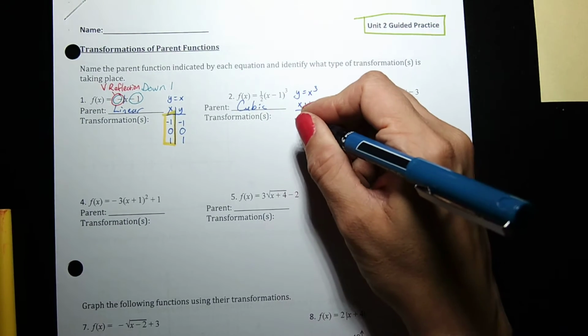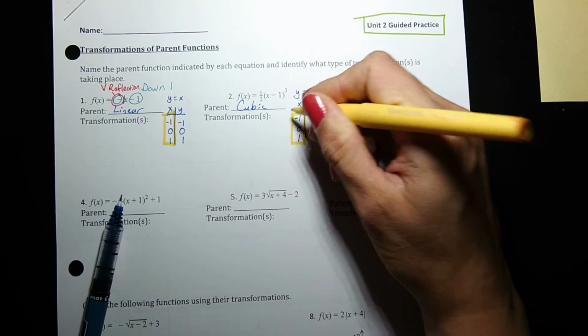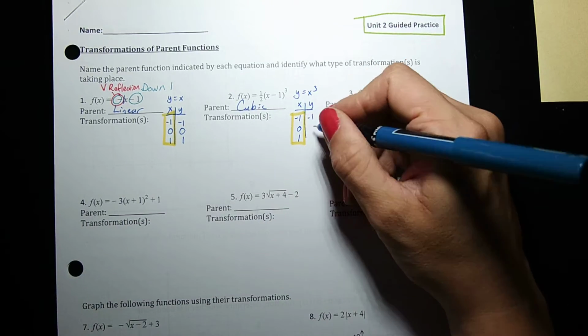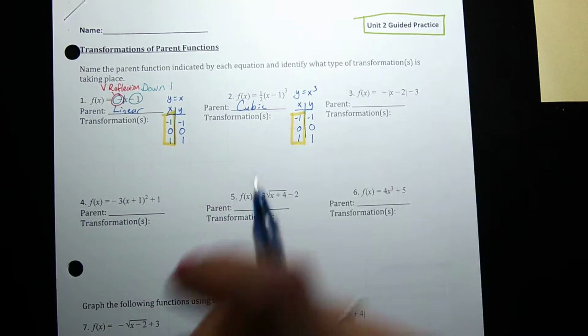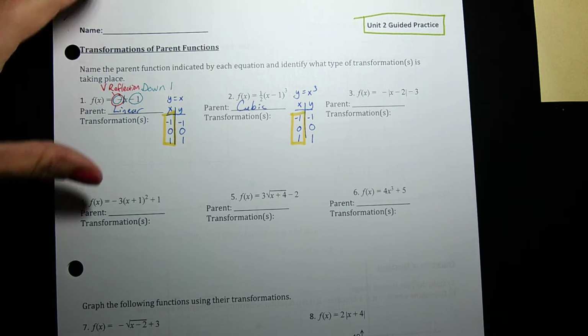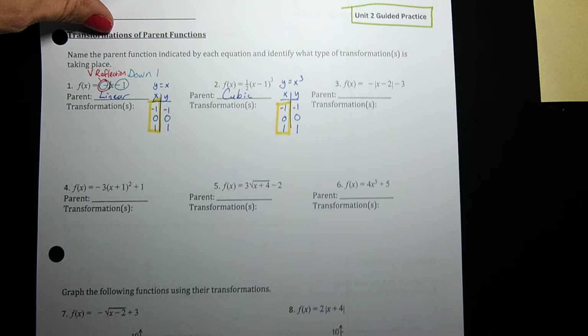Same as the linear one, negative 1, 0, and 1. And when we plug those in, negative 1 cubed is negative 1. 0 cubed is 0. 1 cubed is 1. And remember, folks, we have to be able to write all of those parent tables because that is what we use to transform our equations in order to graph.